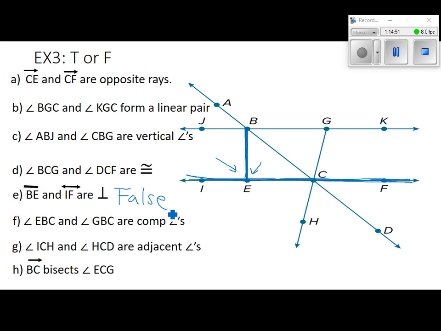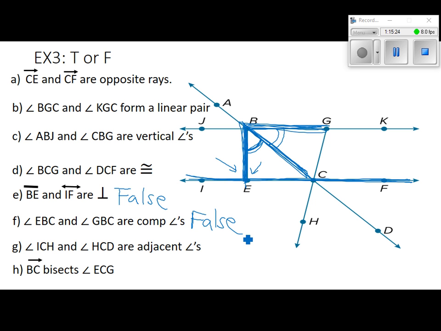Angle EBC is this angle right here, and angle GBC is this angle. Are complementary angles. They would be complementary angles if we knew that this angle was a right angle, but we don't know that, and we can't assume that. So that's going to be false.